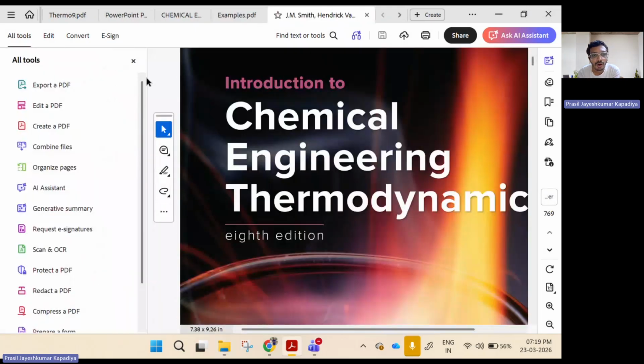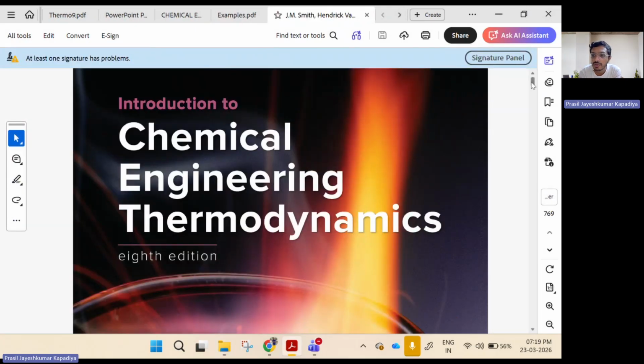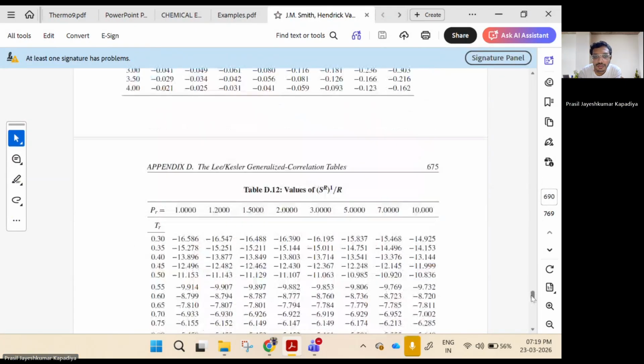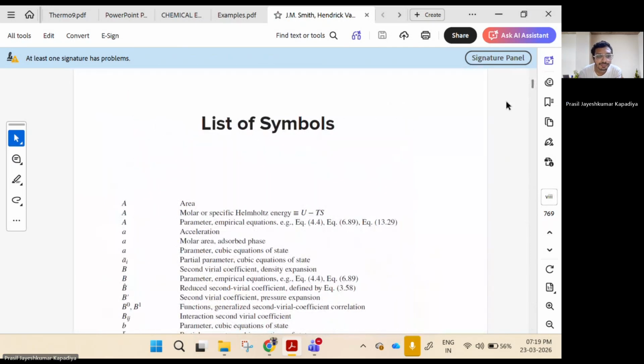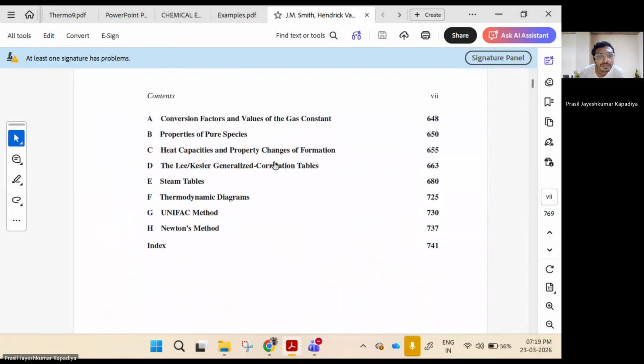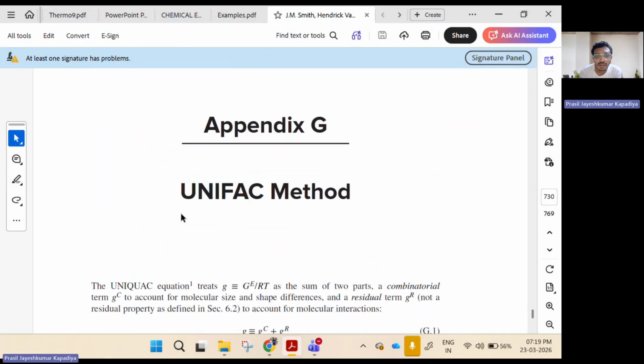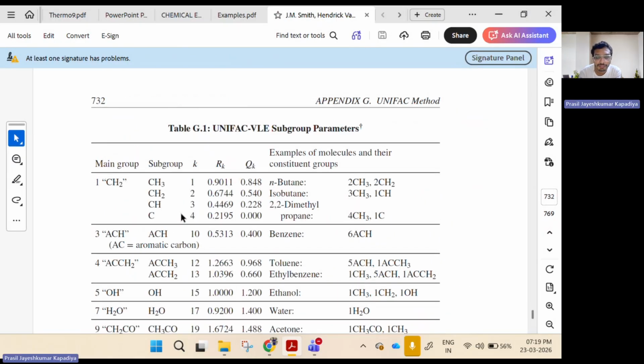It is not given; it is only given for the UNIQUAC model.